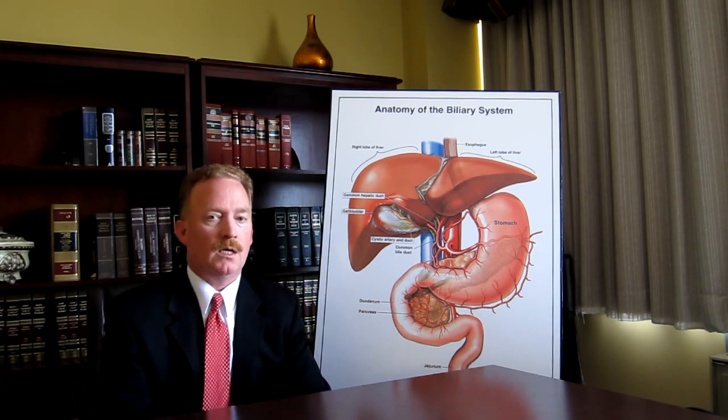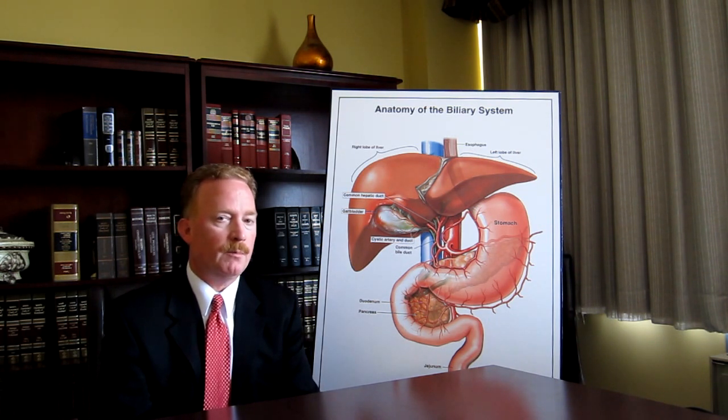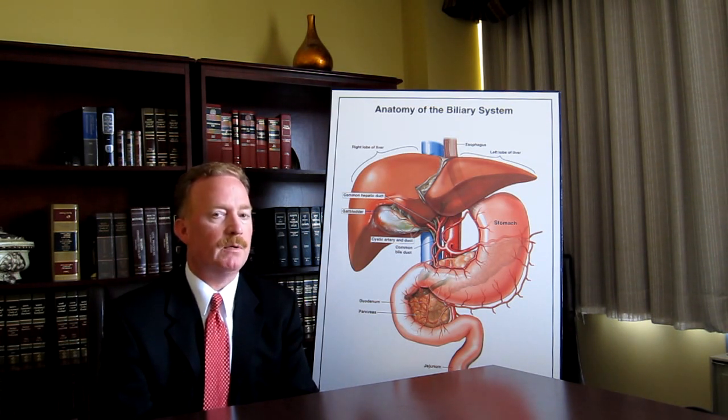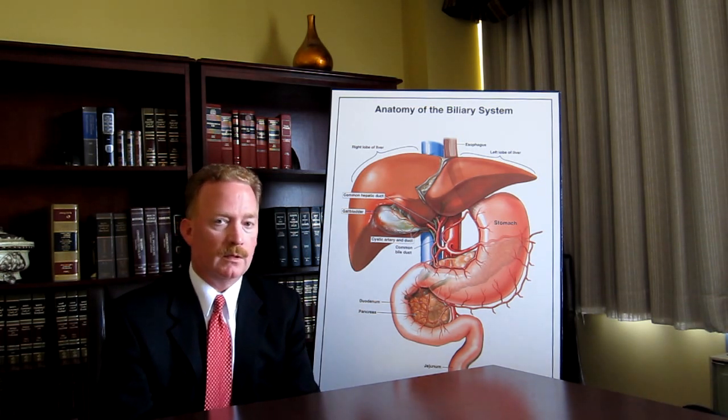However, if you suspect that something went wrong during your gallbladder operation and your doctor has not been forthcoming with a detailed explanation of what happened during that operation, you can call any of the attorneys at Miller & Zois.